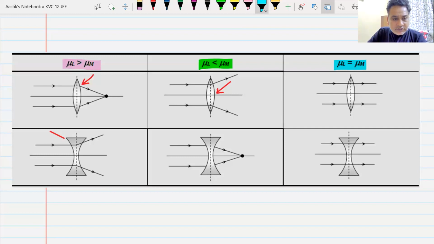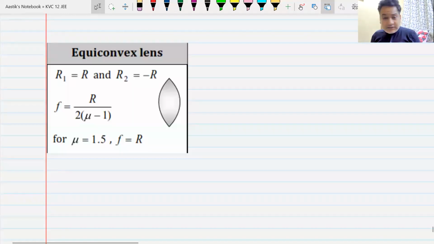Okay, now just to make you understand this concept of which is positive and what is negative, I'm going to discuss a couple of cases here. Once you get confident, you can solve questions of this type. What you see here is a biconvex lens, both sides are convex.